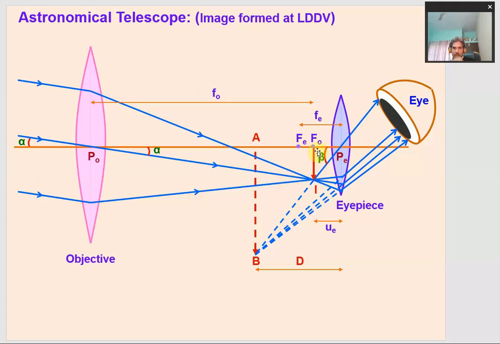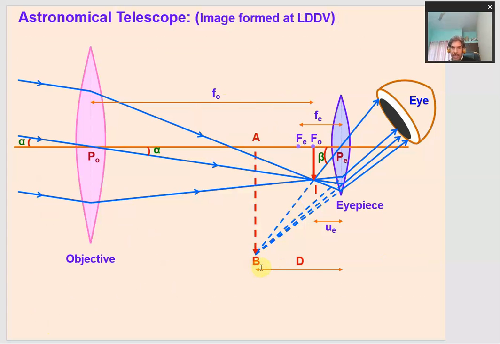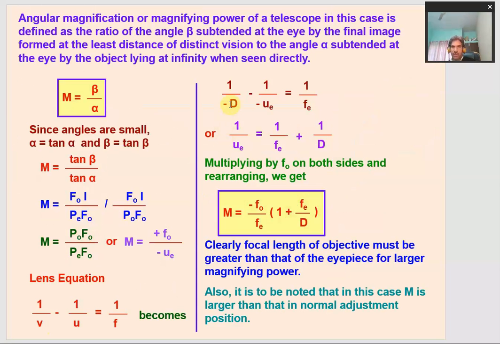So it is called UE, and V, which is the image distance, is nothing but D for the eye lens, and FE is the focal length of the eye lens. So on substituting the values according to sign conventions, object distance U as well as image distance V are taken as negative, and from here we can find the value of 1 upon UE.